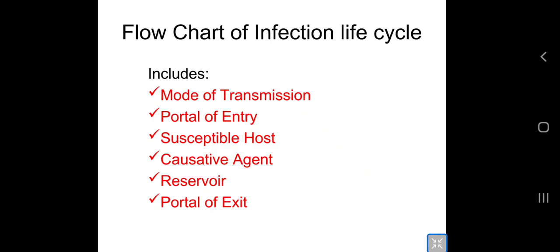Port of entry we discussed, port of exit we discussed, and reservoir. Every object or every person who is holding microorganisms, or who was sick in the past and is still holding microorganisms in their body system, we call a reservoir, even though they don't show clinical symptoms. For example, if you are infected with tuberculosis, TB, within 6 months it may show clinical symptoms.